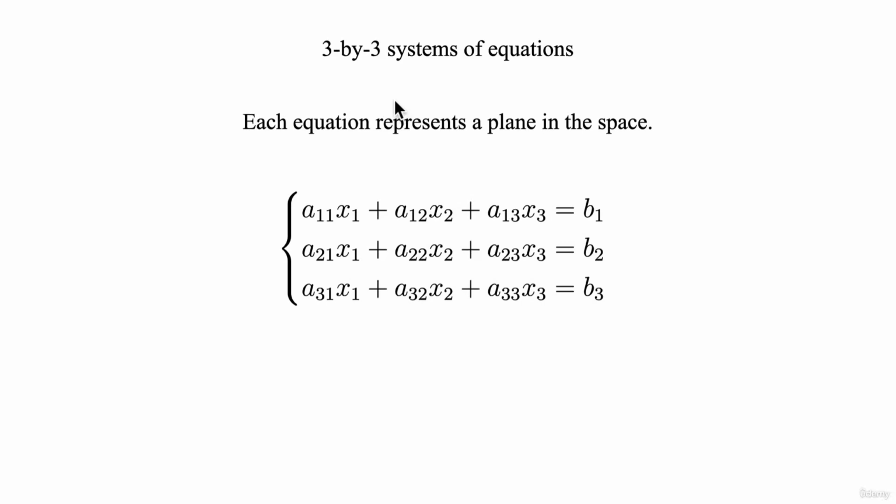So in the previous video we analyzed 3×3 systems of equations, and this means that we analyzed systems of 3 equations with 3 unknowns, which we usually called x, y, and z, and each such equation represents a plane in the space.